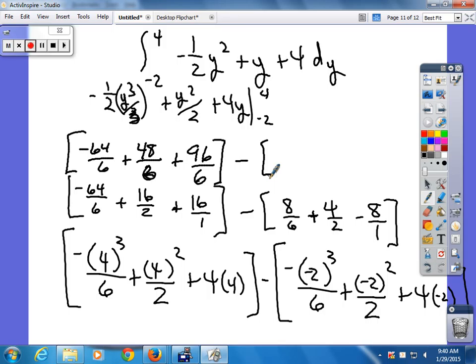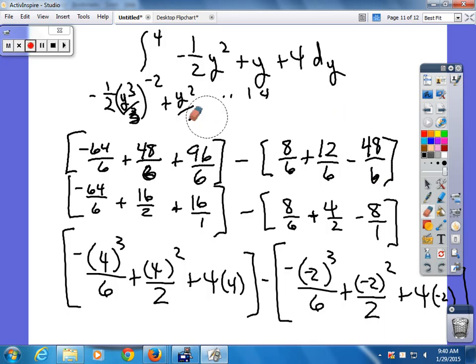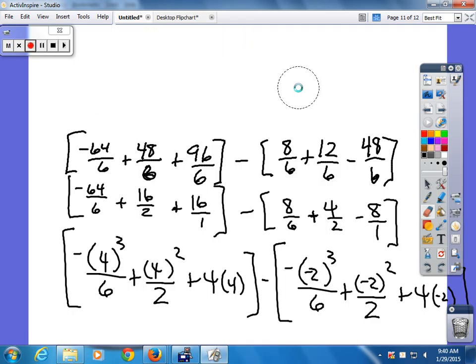And this is going to be 8 over 6 plus 12 over 6 minus 6 times 8 is 48. -64 plus 48 is what? -16? -16 plus 96 is 80.